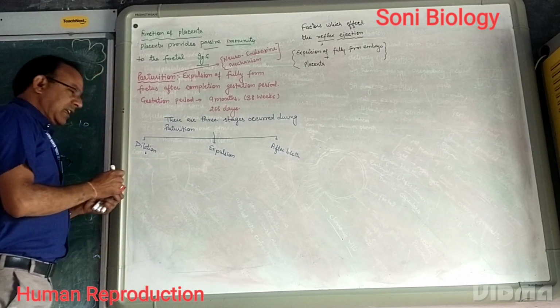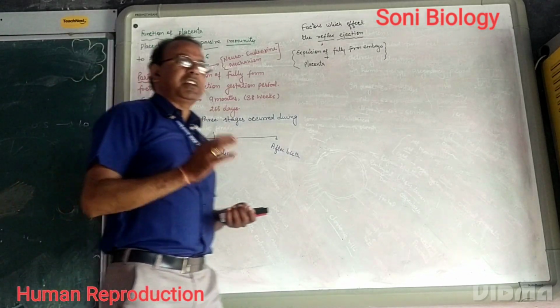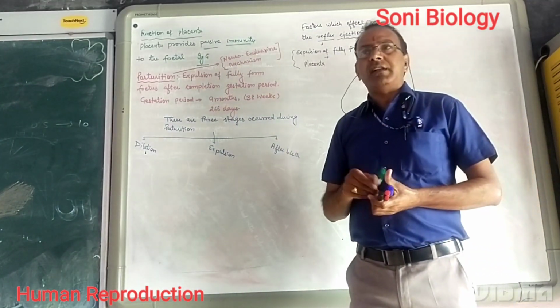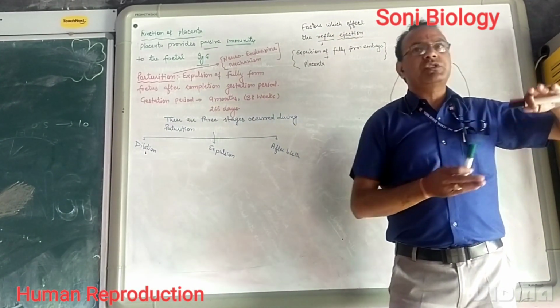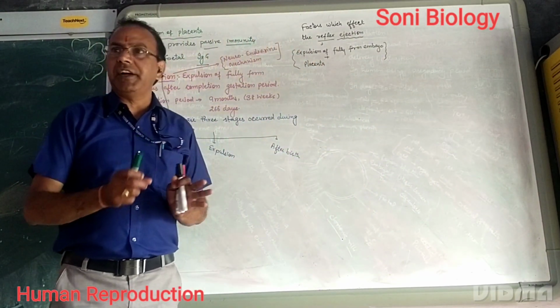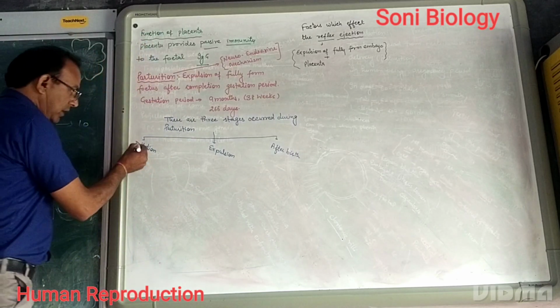First of all, the chemical substance secreted by the mother's placenta passes through the uterus to the cervix, so that the pathway of the cervix becomes dilated or smooth.